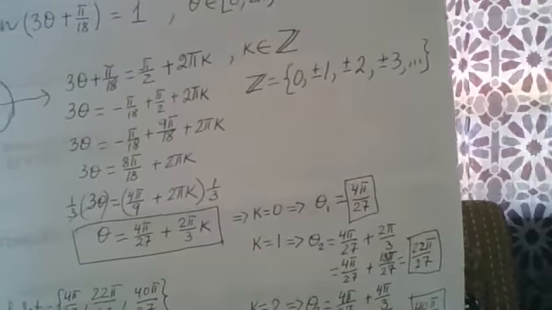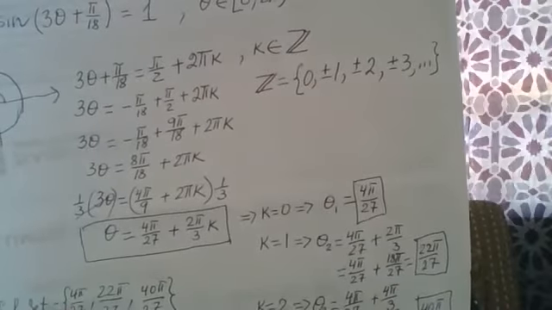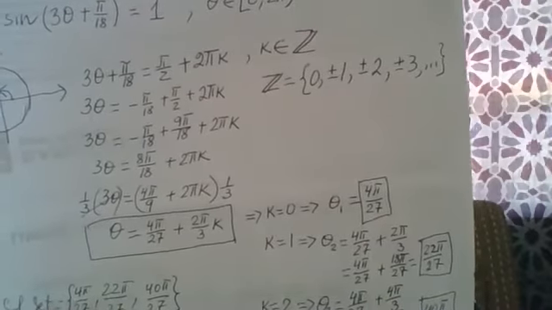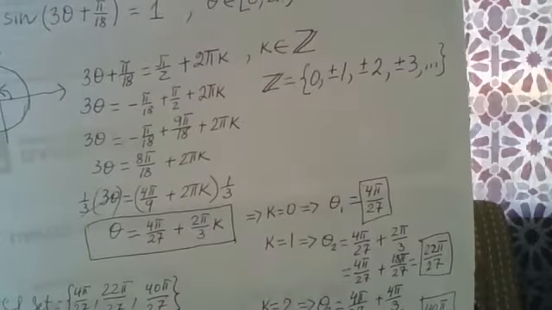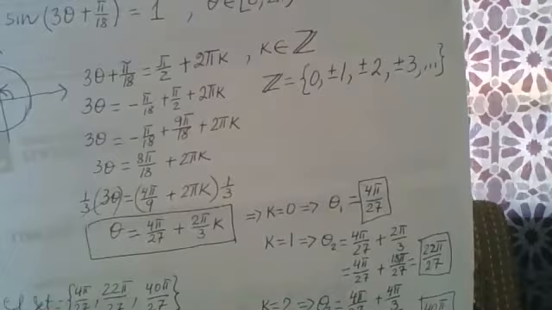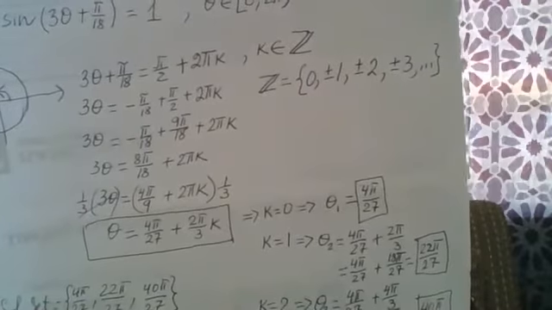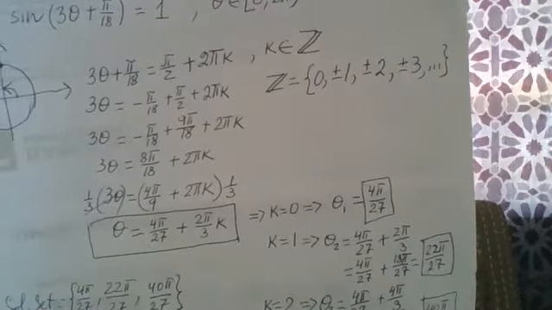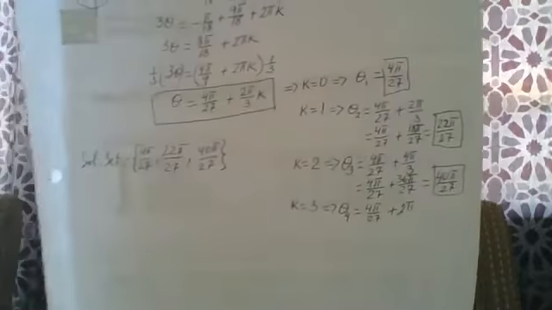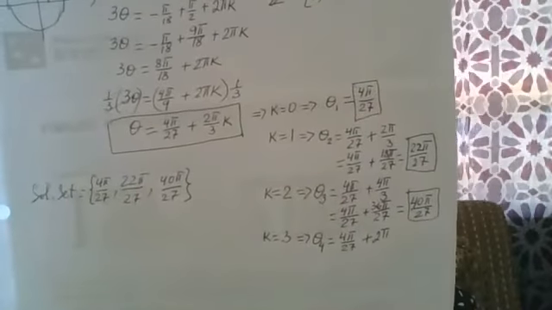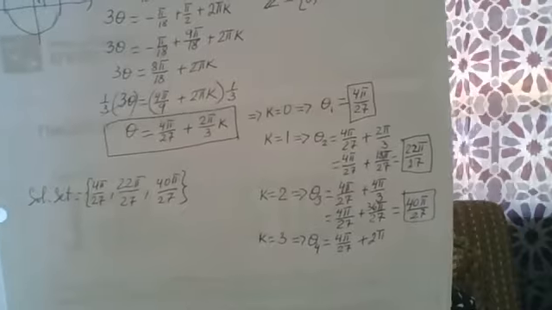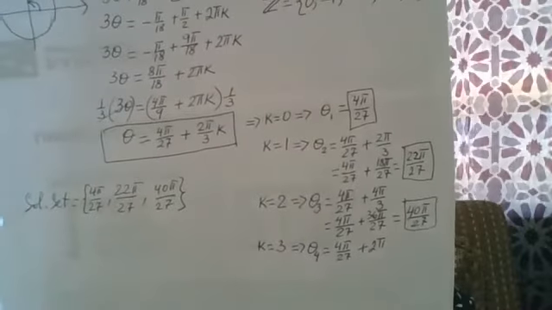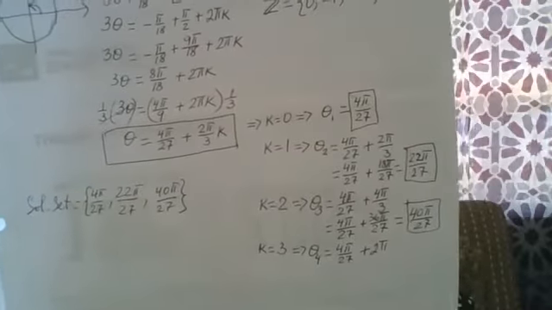But from the beginning, we were limited. We had only one revolution. It was an interval from 0 to 2 pi. This is why we start playing with the k value to find those particular answers which are from the interval from 0 to 2 pi. And we discovered that from one revolution, we have three answers, three angles which satisfy that equation. Is it clear? Yes. So we have two approaches.